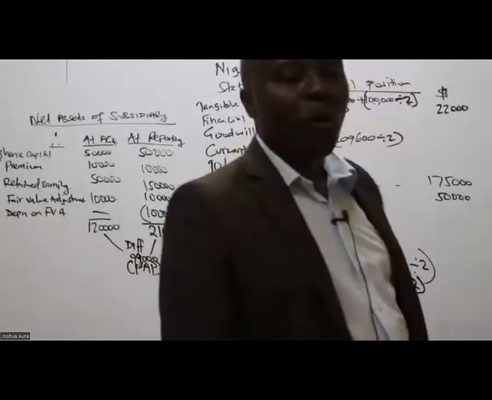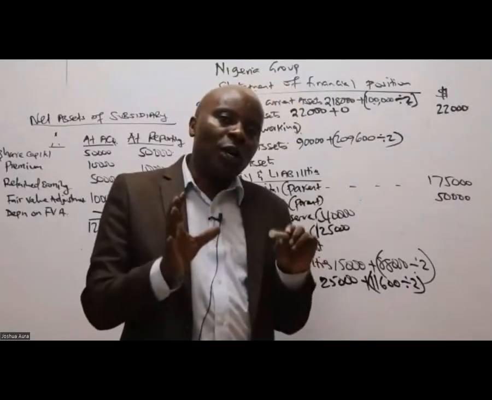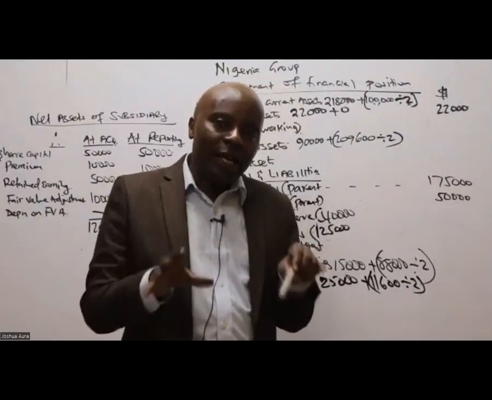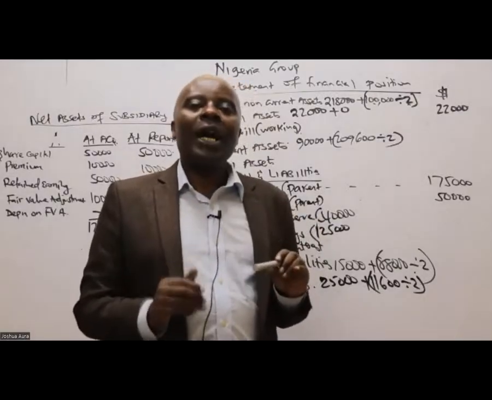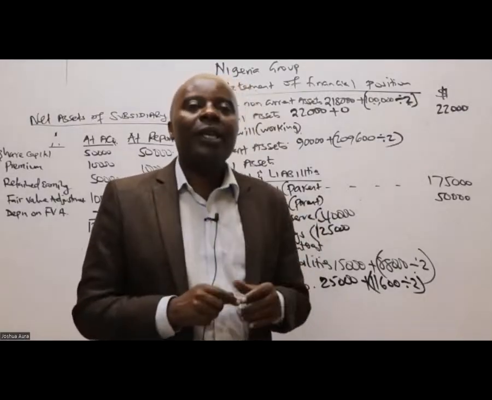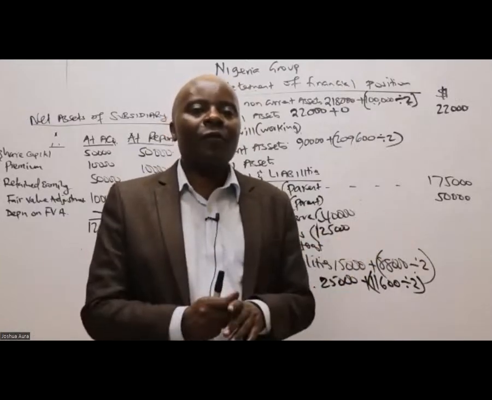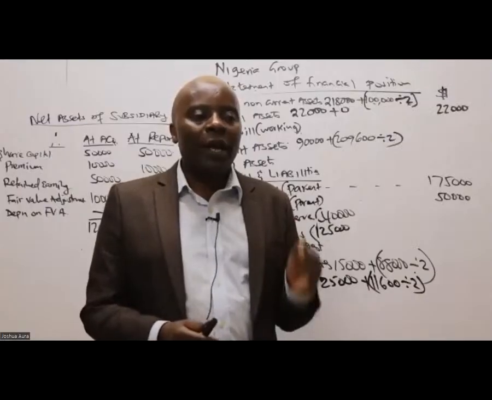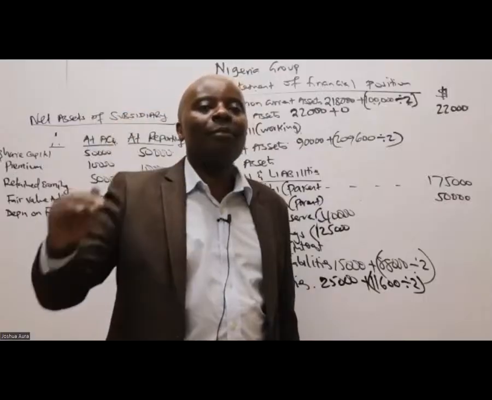So remember, when you acquire a subsidiary, it is very important for you to have the assets valued afresh. And when this valuer came, he realized that everything else was okay, apart from one item whose fair value was higher than the book value.